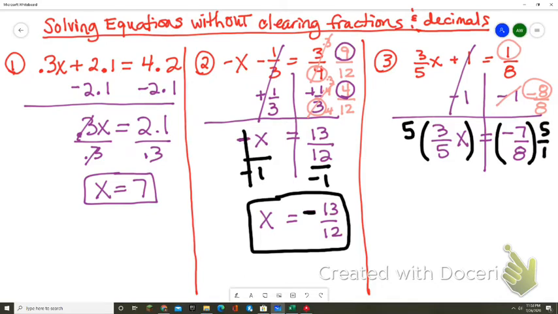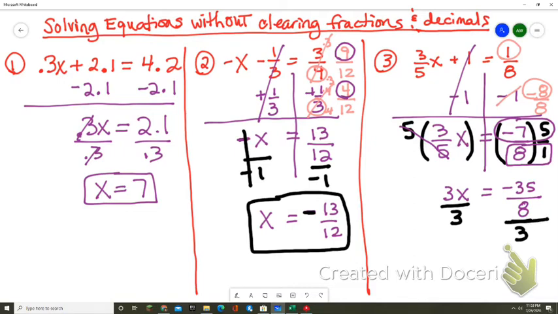By doing that, these 5's cancel, and I'm left with 3x equals, when you multiply fractions, you multiply the top, and then you multiply the bottom. So -7 times 5 is -35, and 8 times 1 is 8. Getting lots of review here with fractions, so if you need to go back and re-watch, do that. Then you're going to divide both sides by 3.